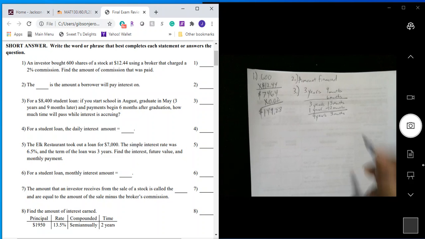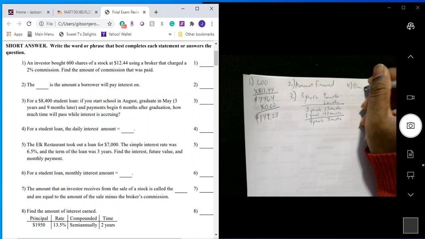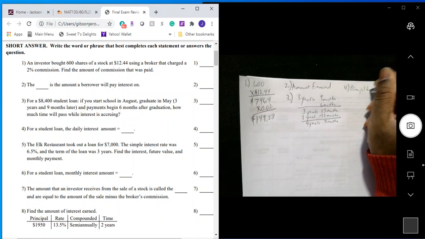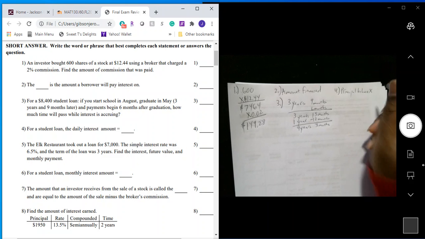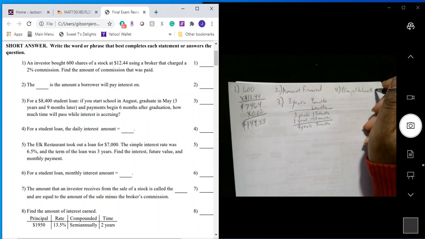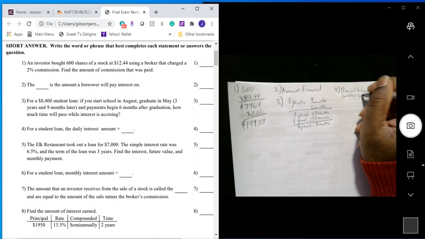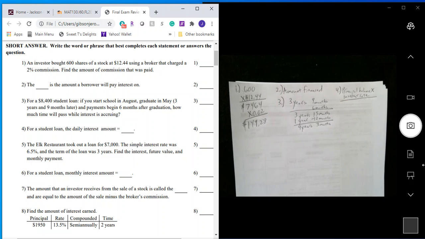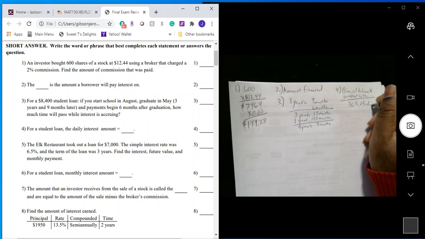Now we move on to number 4. It says for a student loan, the daily interest amount is equal to the principal balance times the interest rate, and then that is divided by 365.25 days.